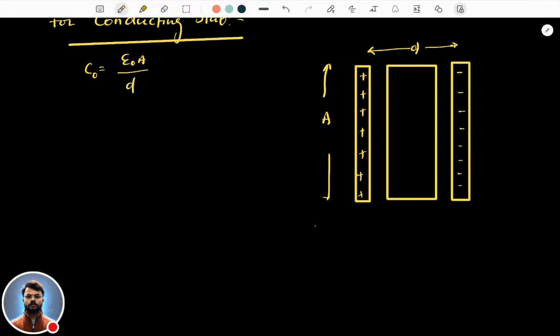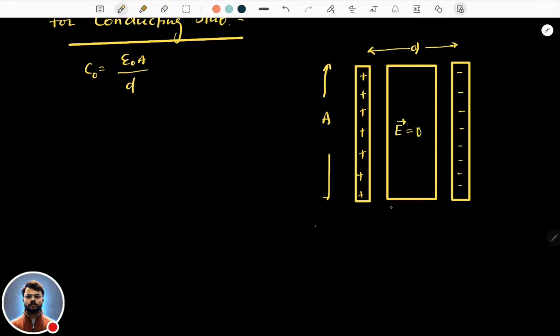Here the distance is D. Before we place the slab, the electric field covers all the space between the plates. But when we introduce the slab between the plates, the net electric field in the region the slab covers is zero.